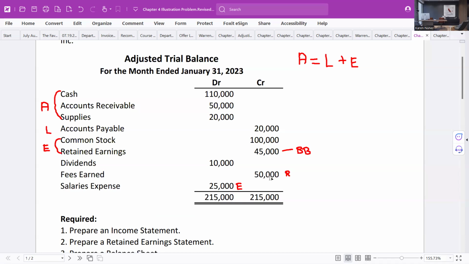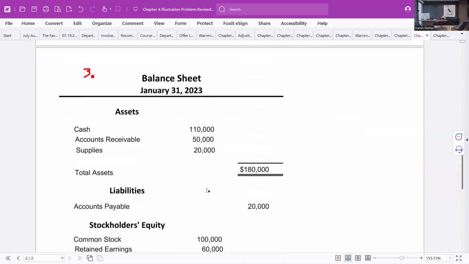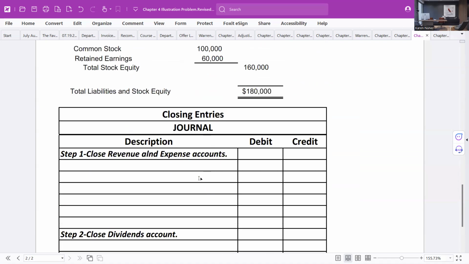Revenue has a credit balance of 50,000. Expense has a debit balance of 25,000. So when we close these accounts, we want to zero them out. That means that we have a revenue account that has a credit balance of 50,000. To close it out, we're going to have to debit it.